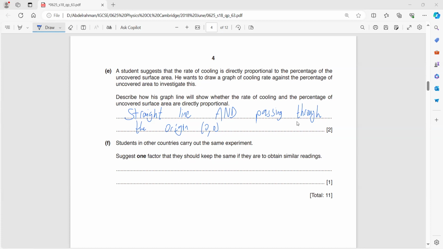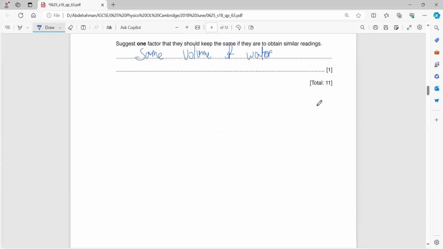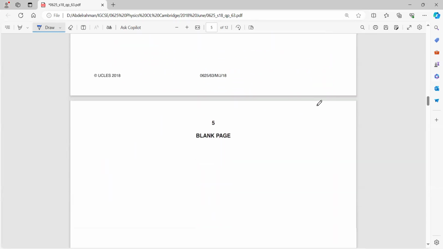Same volume of water. Same volume of water, right.